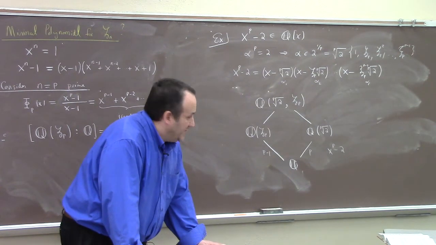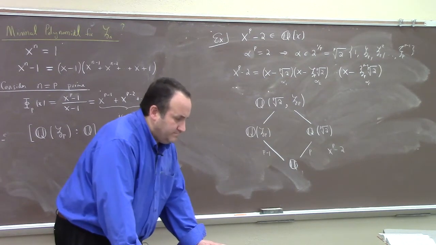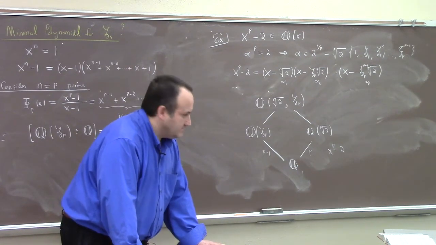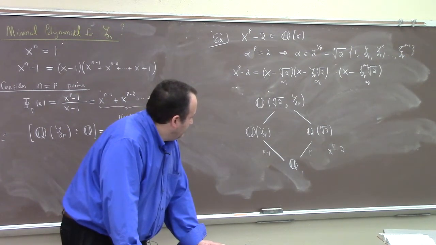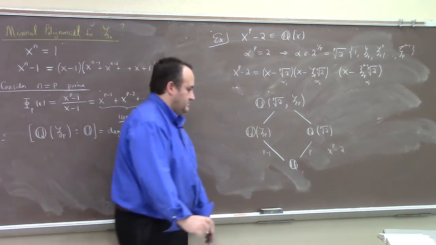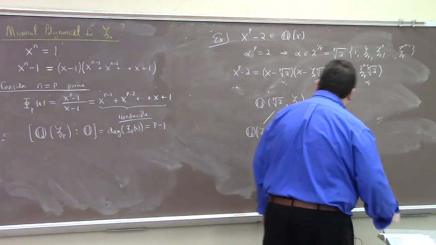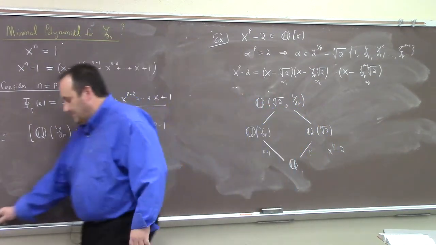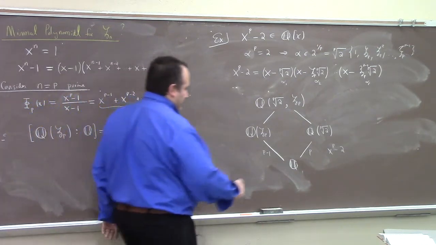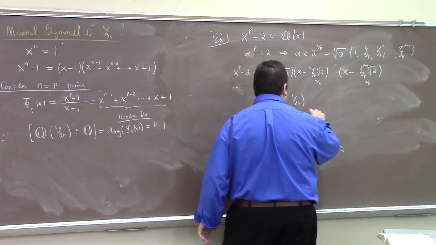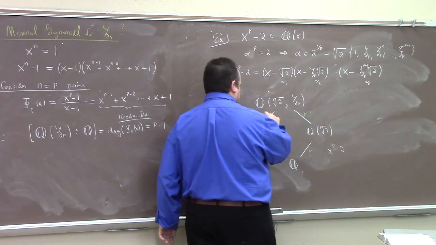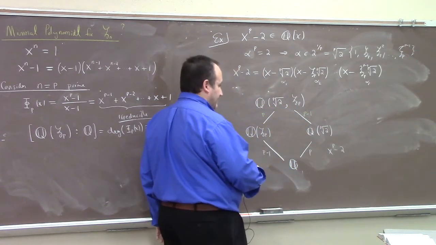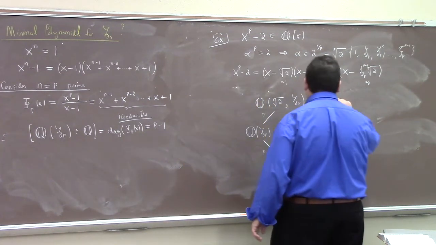I'm not sure quite the logic. Maybe you can tell it to me. The thing is, this has to be p minus 1, and this has to be p, because otherwise, remember that old theorem of the splitting field degrees?